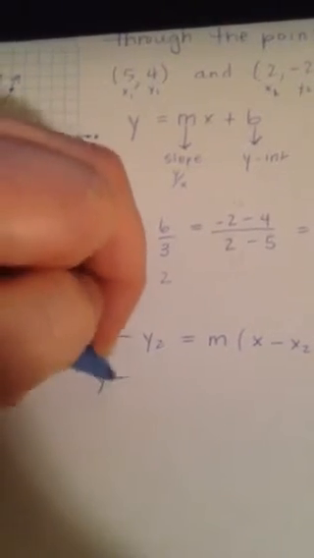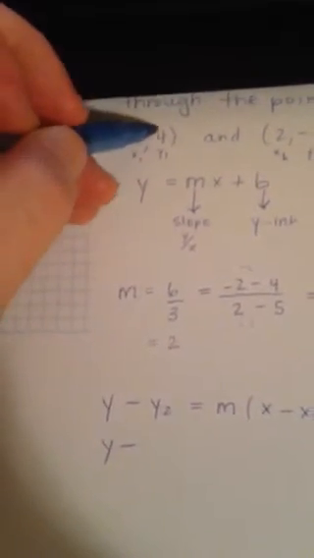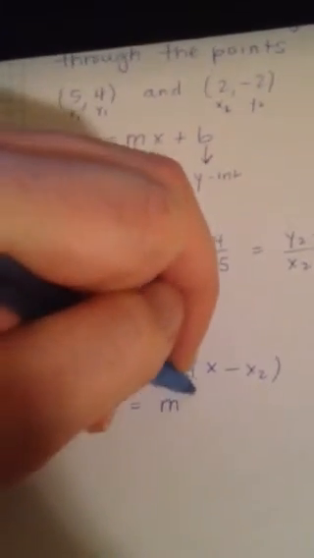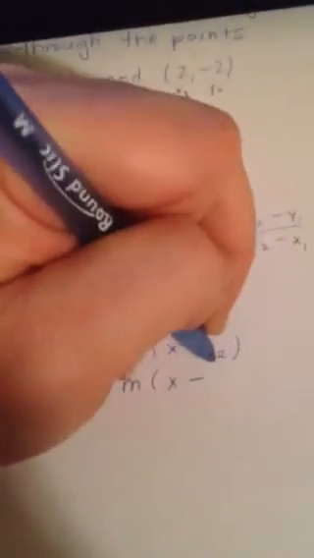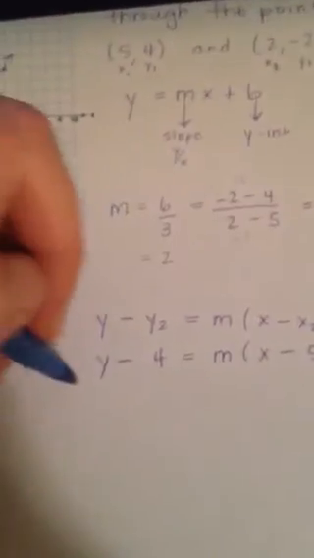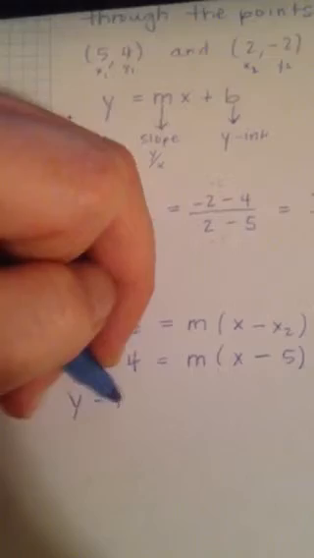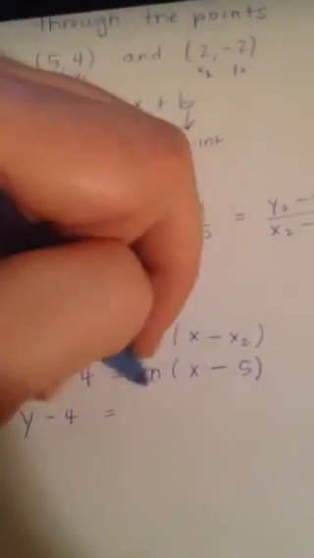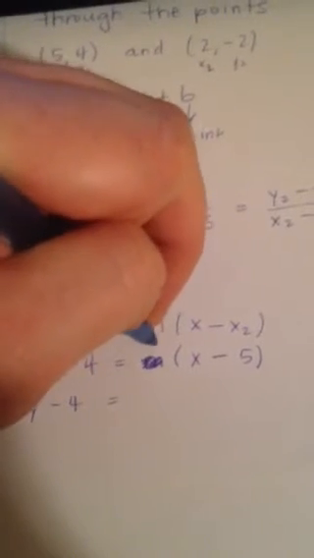So here we go, y minus y2, so the 4, equals m, and there's the x2, it's a 5. Okay, so there's nothing that needs to happen on that side, but check this out. Oh, what was our slope again? It was a 2. Put a 2 there.